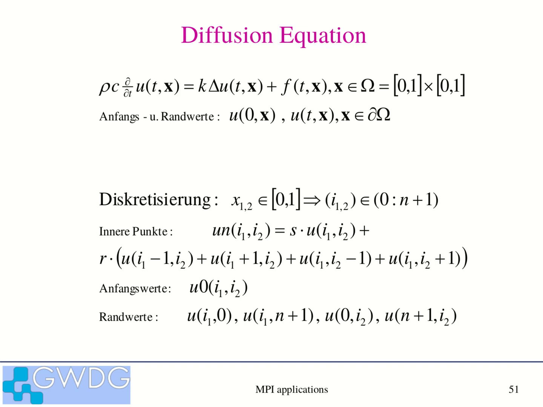So you have to know the temperature at the beginning, and you have to know the fixed temperature at the boundary at all times. Then one can solve this equation.